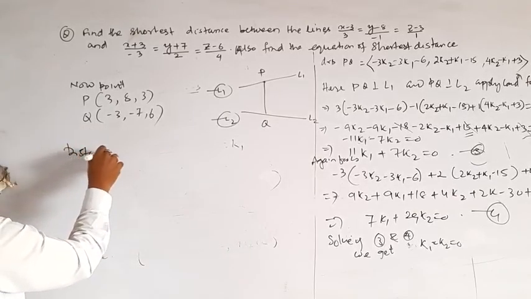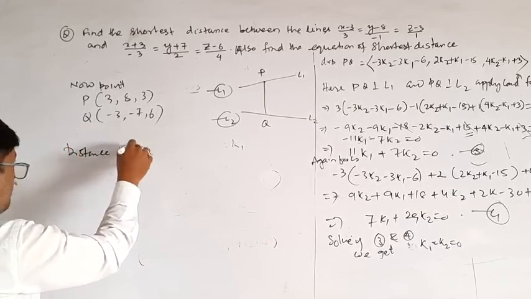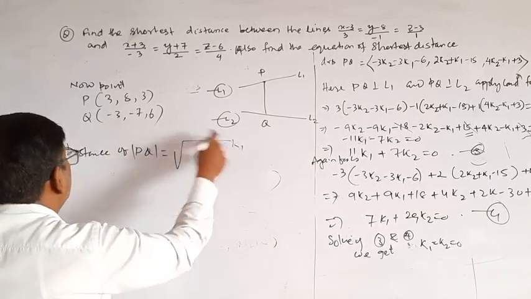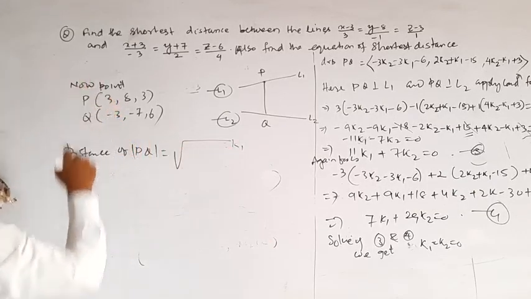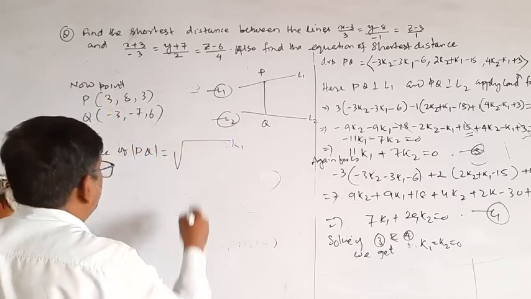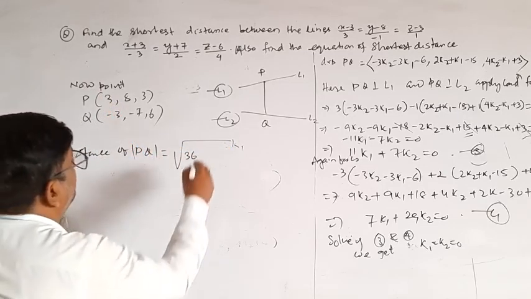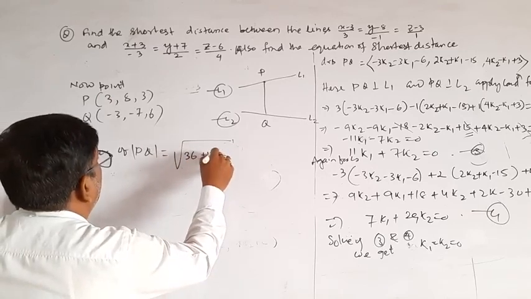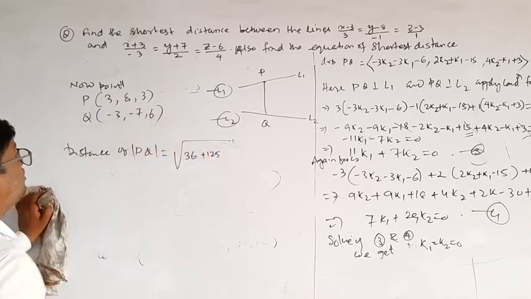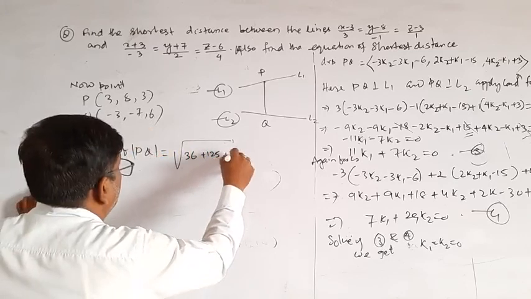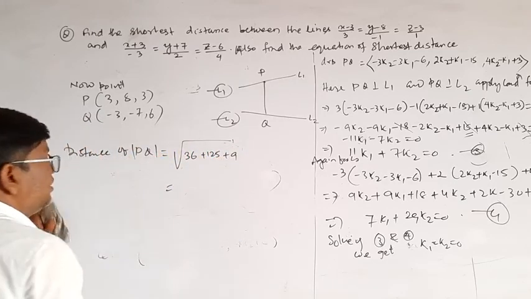Distance of PQ is equal to the square root of: minus 3 minus 6 whole square, 36, and minus 7 minus 8, minus 15, square 225, and 9. So calculate the figure.